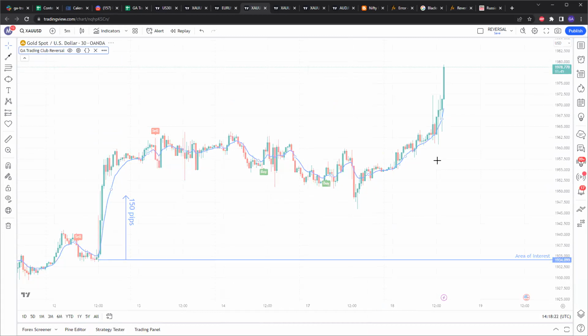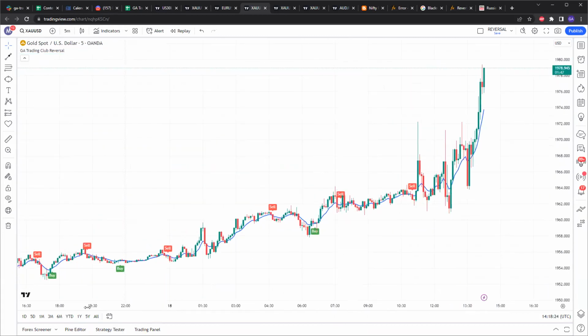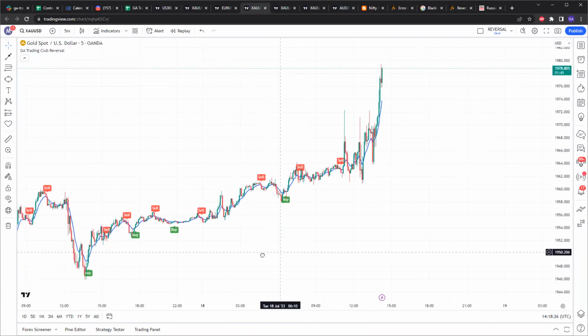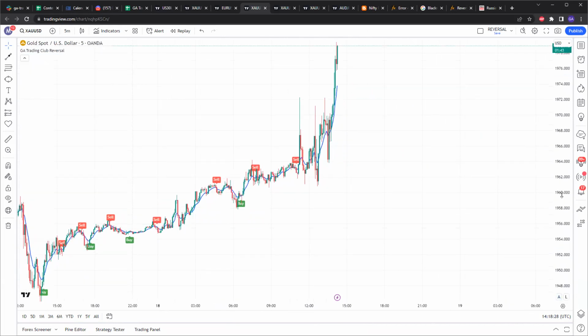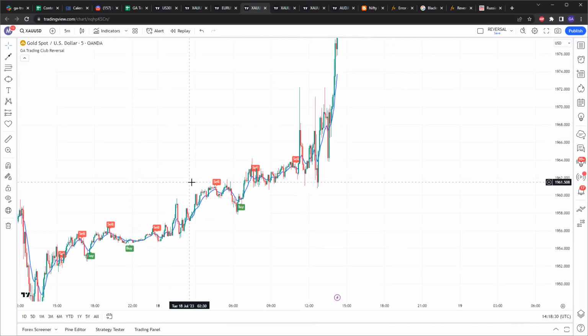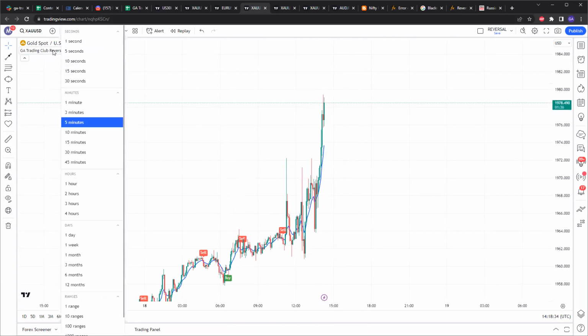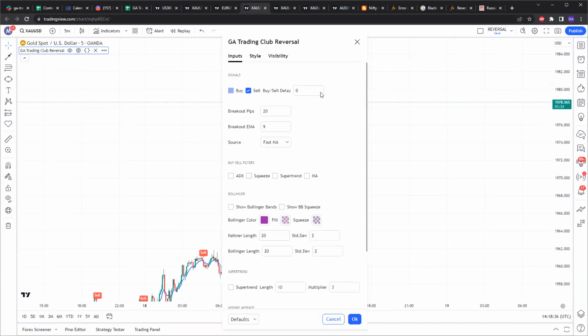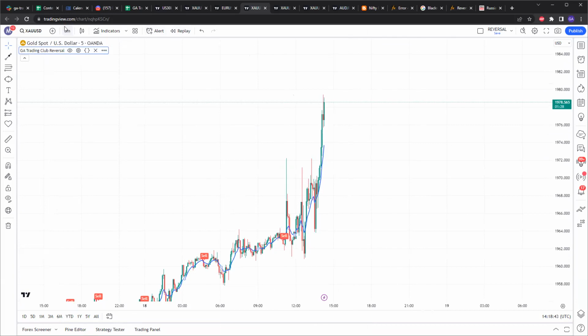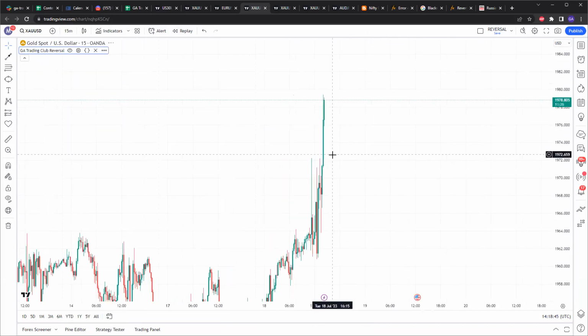Keep in mind, using the reversal indicator, you would also need to use our strategies, so you'd need a proper trend. Wait, let me turn off the sells for now. Let me put this on 1, let me put this on 50. So on the 5 minutes, really, I don't see a trend. 15 minute.